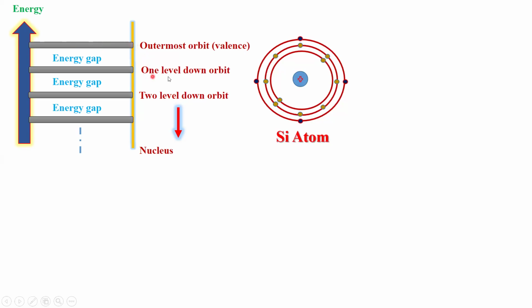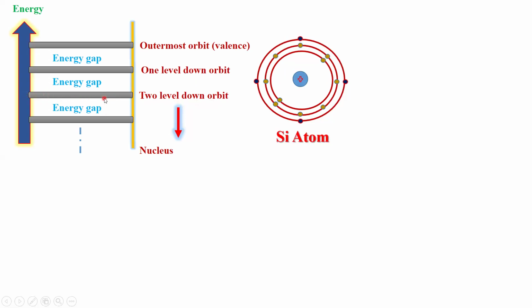If you come one level down, this is the second orbit, and you have another energy state in which you have a few electrons, as you can see. These electrons also have a particular energy state or energy level. Then you come down again. This is the orbit two levels down, so you have another energy state.